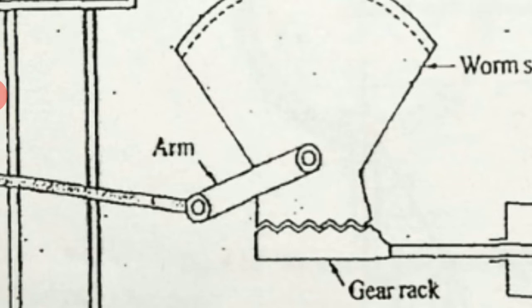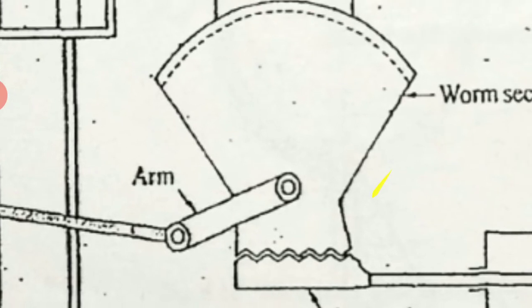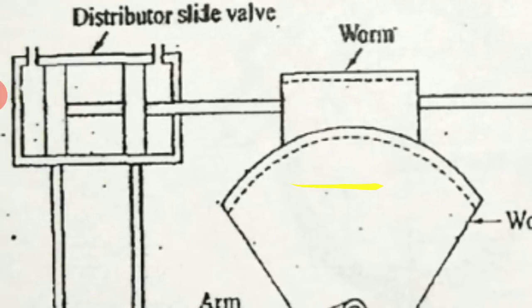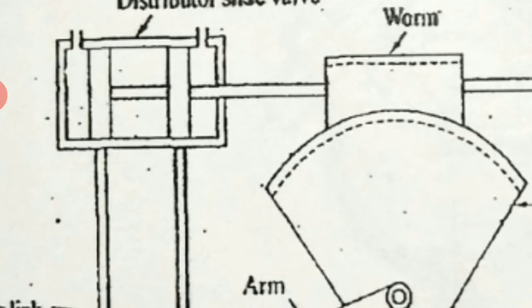In the meantime, the worm sector will actuate the worm and shift it along the distribution sidewall back to its initial position. To come to the initial position again, the worm sector actuates the worm and shifts it along the distribution sidewall.